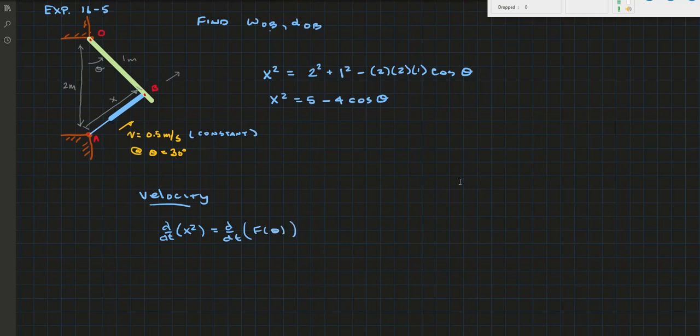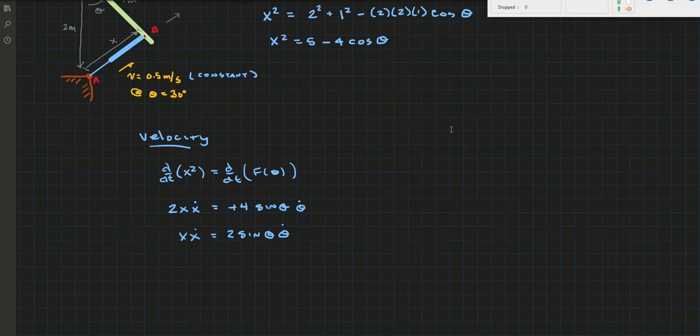So the derivative of this is 2x times x dot equals, so I had to use a chain rule there, 5 drops out, we've got minus 4 cosine. The derivative turns this into plus 4 sine of theta, and that's a function of time too, so we have to chain rule that too: theta dot. So I can simplify this to x dot equals 2 sine of theta, theta dot.